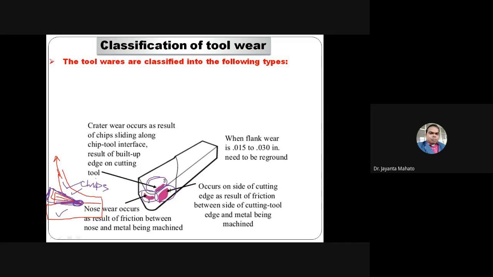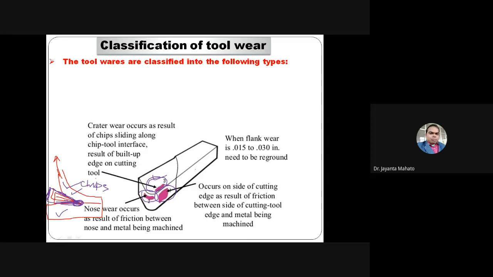When the tool wears at this region, it is due to the removal of the chips. Sometimes chips stick and form a built-up edge, and this crater wear will form.